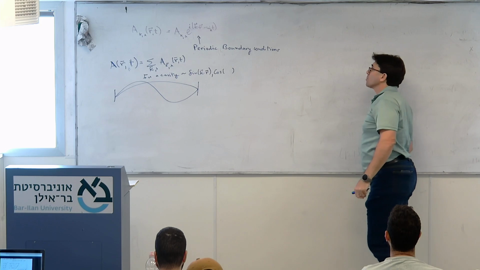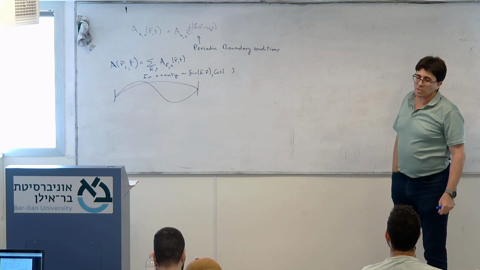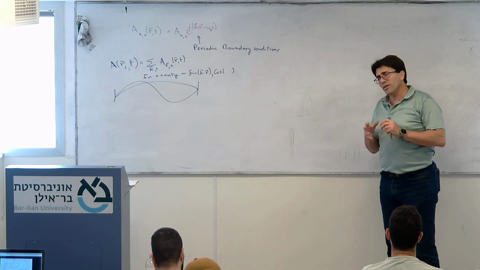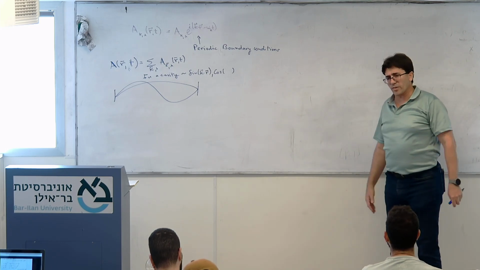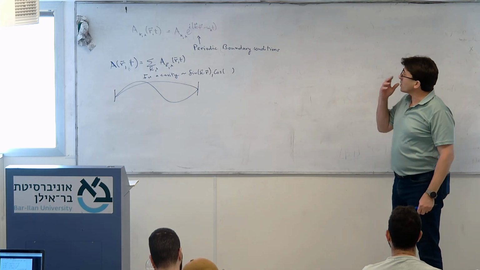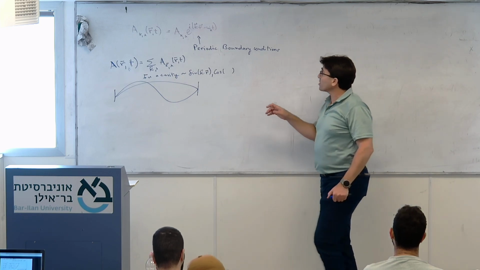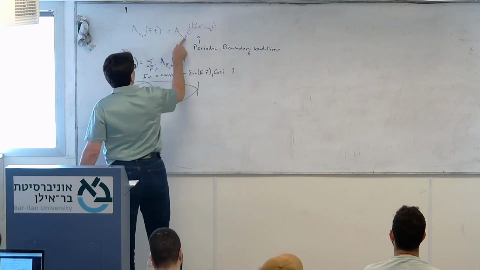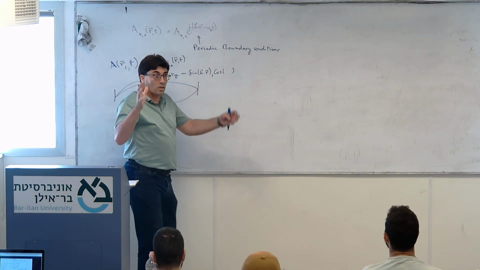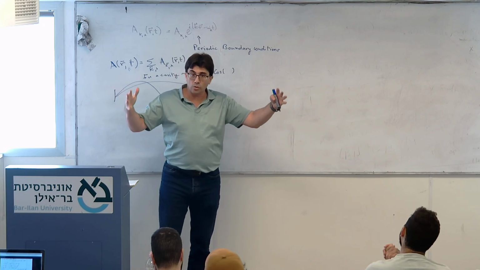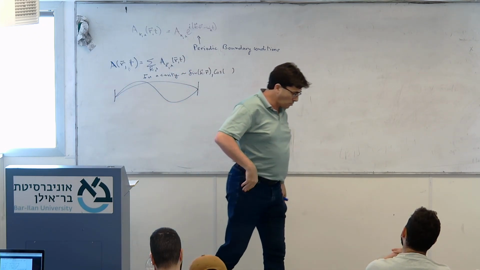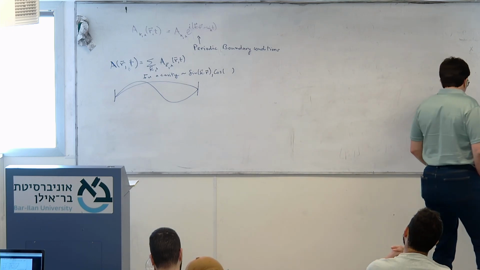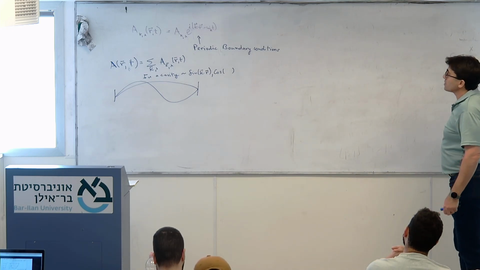Why go for periodic boundary conditions? Because then it behaves as if you have a field that is propagating in space. But remember that the fact that the modes are discrete means that there are boundary conditions, that you assume there is a finite space in which we quantize the field.